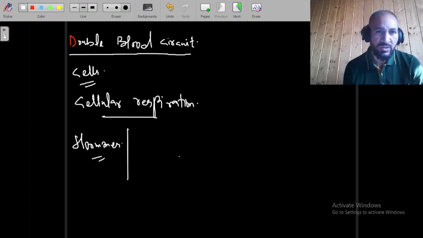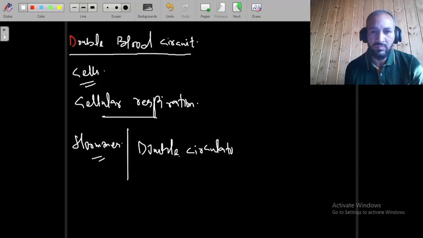One system that we shall be discussing today, which I introduced to you in the beginning, that is double blood circuit, or we also call it double circulatory system. Okay, we find this double blood circuit or double circulatory system.